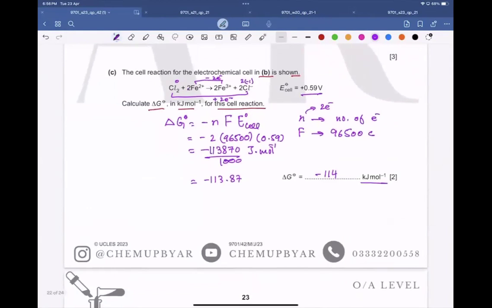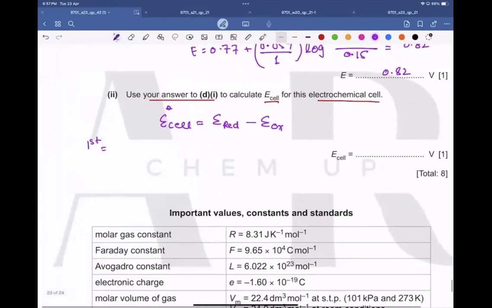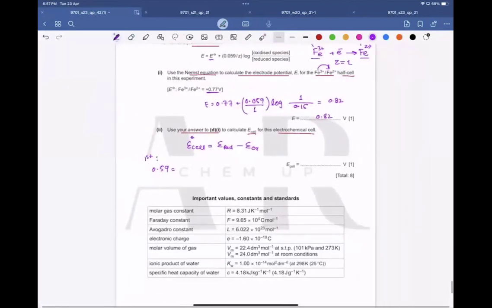So if you see, they have given you the E cell under standard cell conditions. So let's have a look. In the first case, the E cell is 0.59, right?